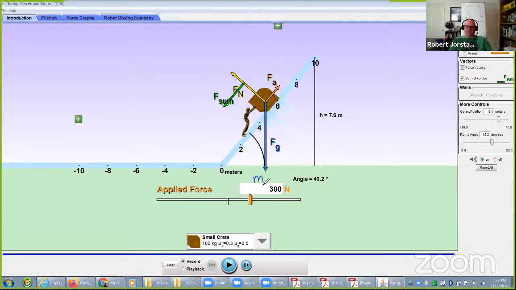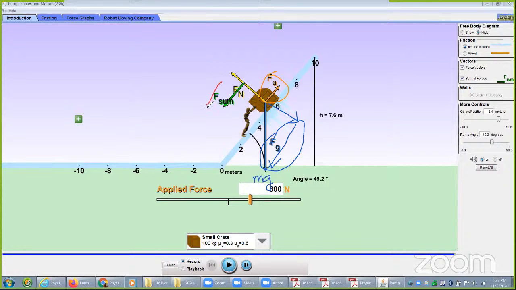This is just mg, straight down. That's always the gravitational force. What is changing is that there's a component perpendicular to the plane and a component parallel to the plane. Now look at these two forces here. Look at this applied force versus this component down the plane. At this moment, which direction should this thing be accelerating? Up the plane or down the plane, based on what you see?